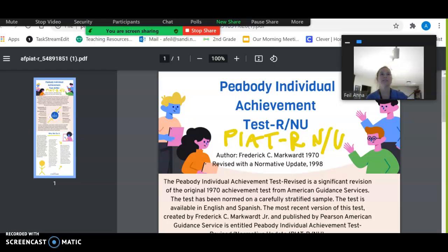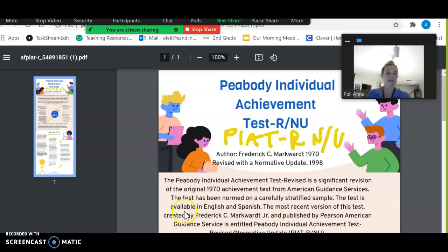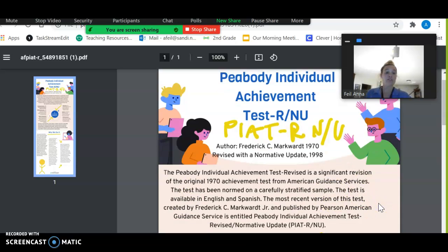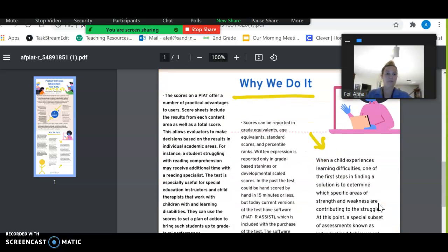It's a standardized test, and it is used to basically pinpoint specific learning struggles. When a child experiences learning difficulties, one of the very first steps in finding a solution is to determine which specific areas of strength and weakness are contributing to the struggle.